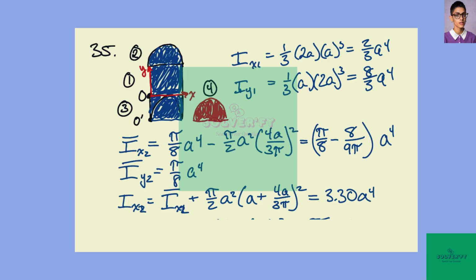We take the area moment of this cross section about its centroid and add the area, pi over 2 a squared, times the distance from this x-axis to the centroidal x-axis, which is a minus 4a over 3 pi, squared. We do all this out and we get 3.30 a to the 4th.